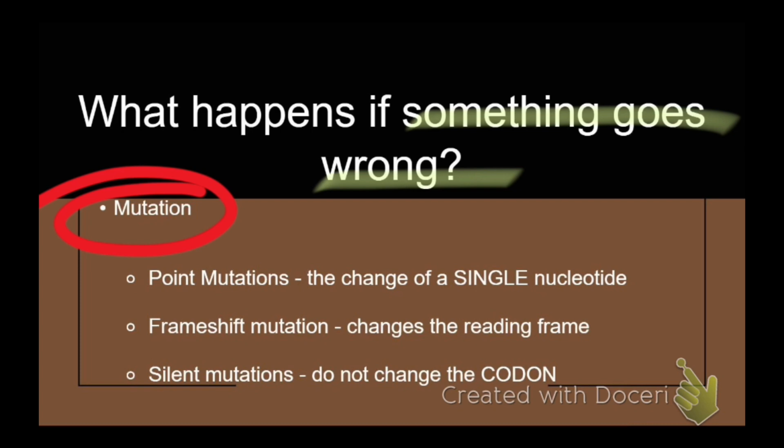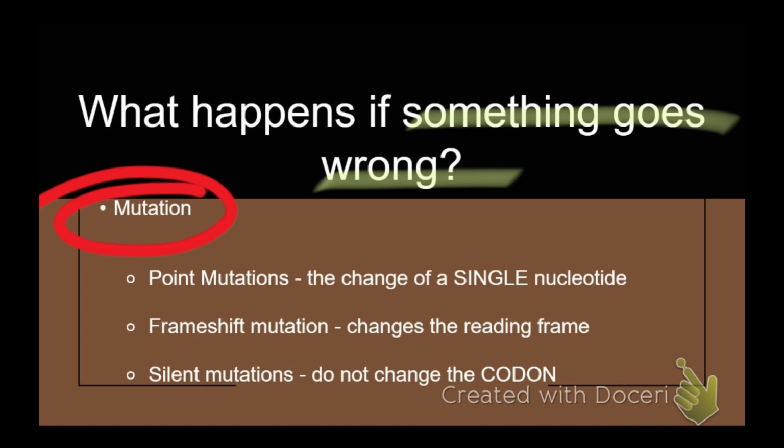So left-hand side, you're going to put something goes wrong. Right-hand side, really large, you're going to put you get a mutation. If something goes wrong in the cell cycle, then I get cancer. There are different degrees, which we're going to talk about. Write mutation maybe three lines, two lines high.